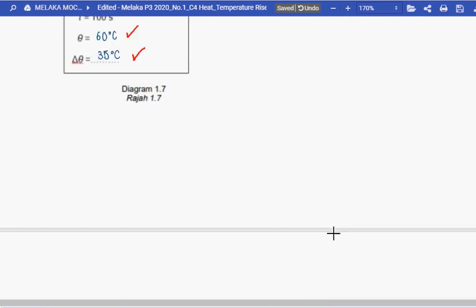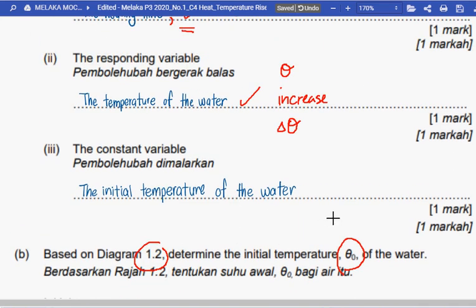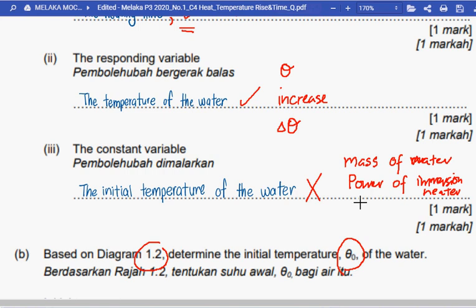So can we give mark to this or not? Initial temperature of water. In this case, no. This one cannot. So the answer here, constant variable, will be either the mass of the water, power of the heater, power of the immersion heater, or the specific heat capacity of the water.